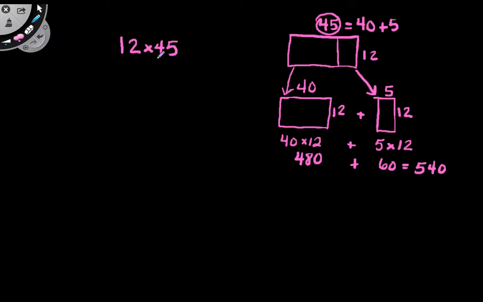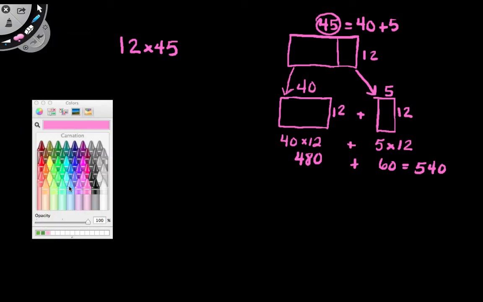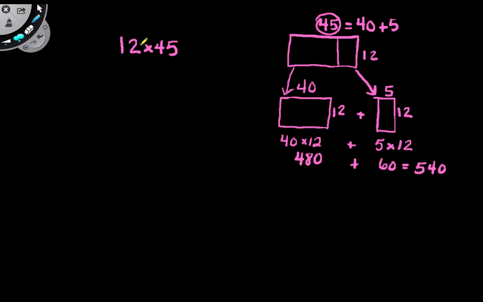Now I'm going to show you how to do this without a model, right next to where we used a model. We're going to say that 12, we're still going to multiply it by 45, but we're going to go ahead and break 45 apart into 40 plus 5, because the sum of 40 and 5 gives us 45.